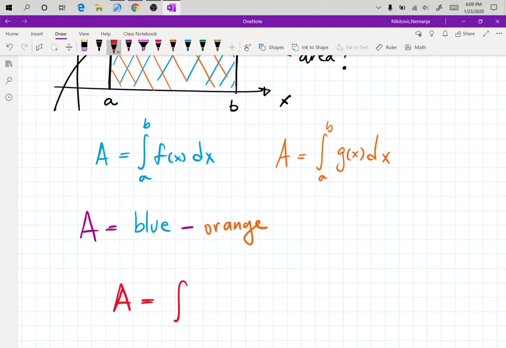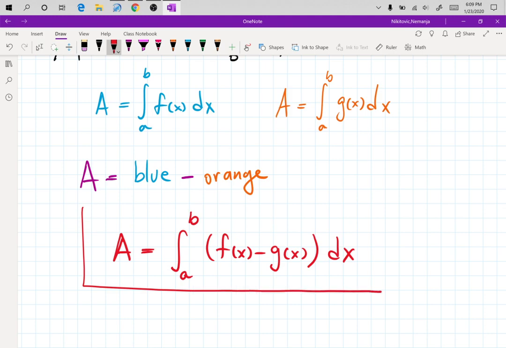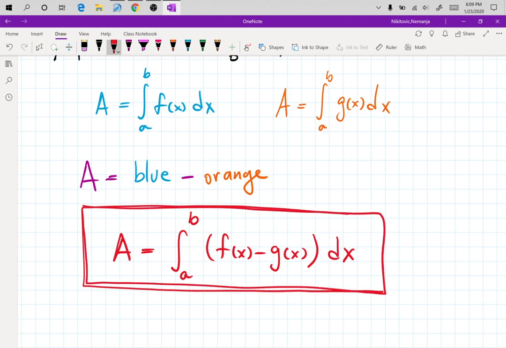A equals integral from A to B of f of x minus g of x dx. Make sure you put these parentheses. They're not there for decoration. We need them. Does this formula make sense? Okay.